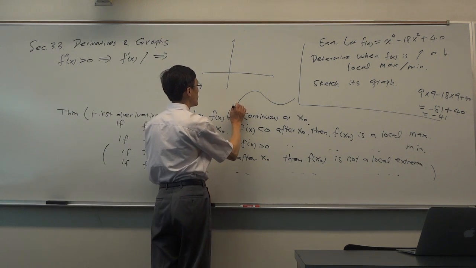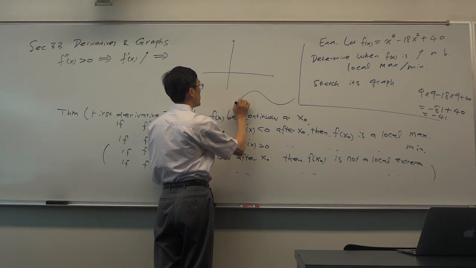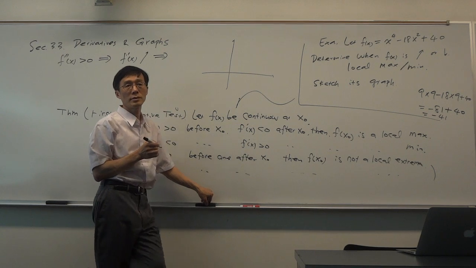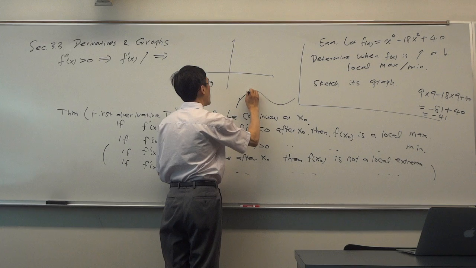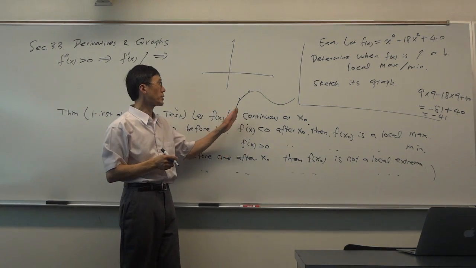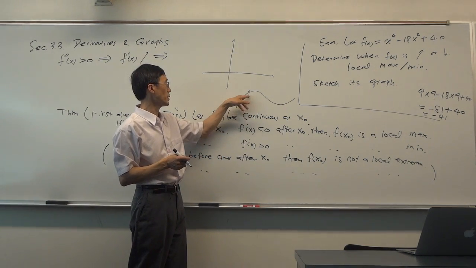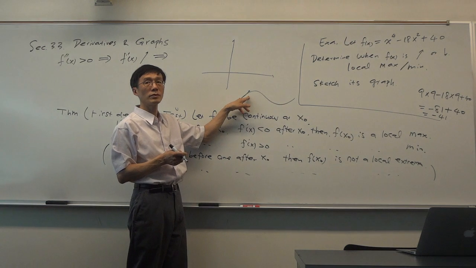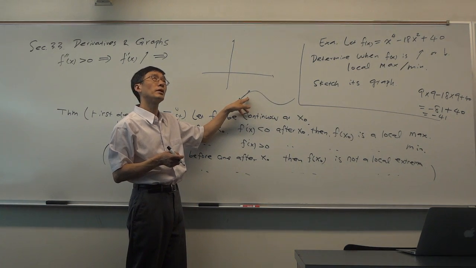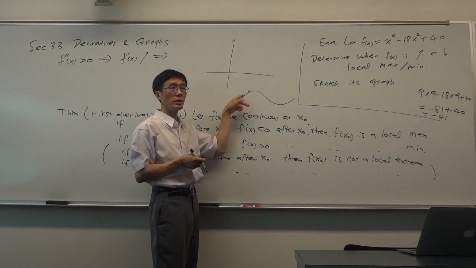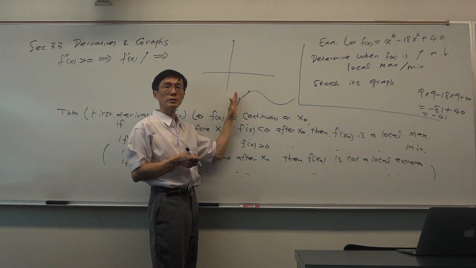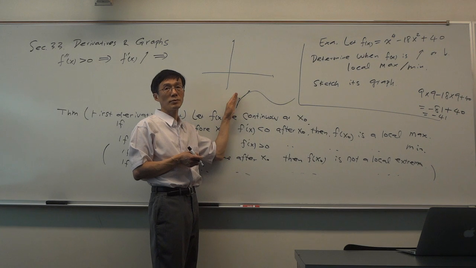Here, the first derivative is positive, right? And here, it is still positive. But relative to the first one, which one has a bigger slope? This one is steeper, so it has a bigger slope.